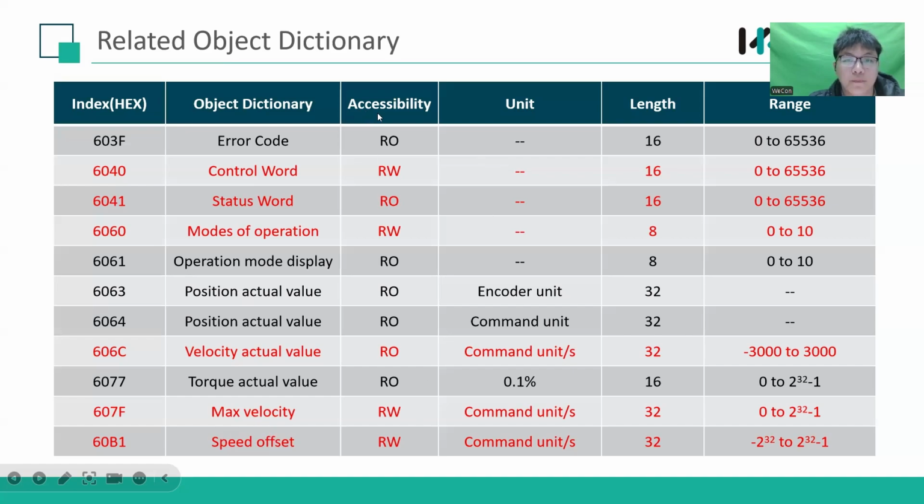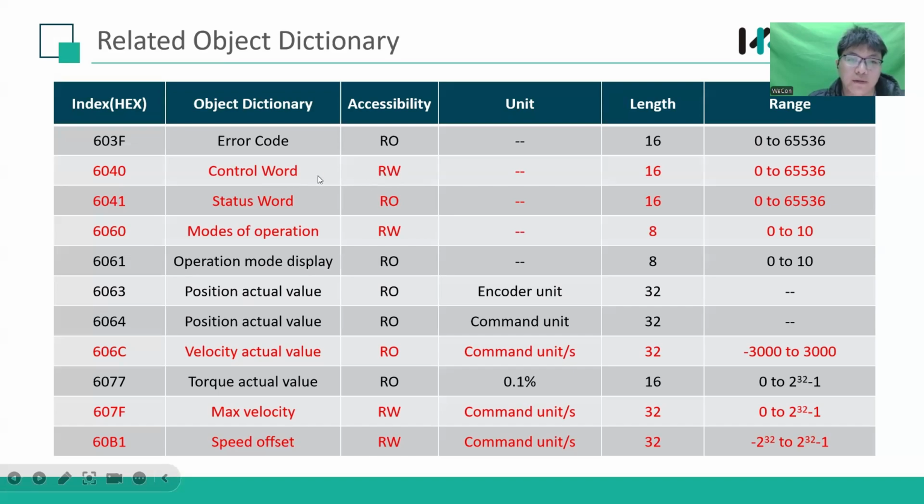Here for accessibility, usually RO means read only. Usually RO is an input object dictionary, I mean it's a parameter fed back from the driver to our controller. RW means read and write.